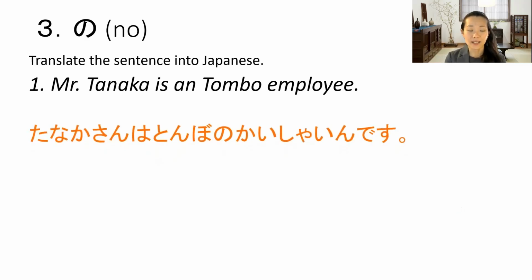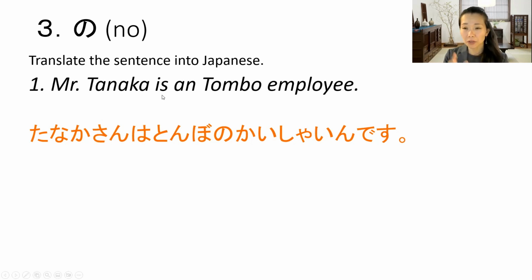Okay, let's check answers. 田中さんは、トンボの会社員です. Tanaka is a popular Japanese family name. Then さん implies Mr. By the way, we cannot tell if さん is Mr. or Mrs.; it is gender neutral, so you can use it with name plus さん.